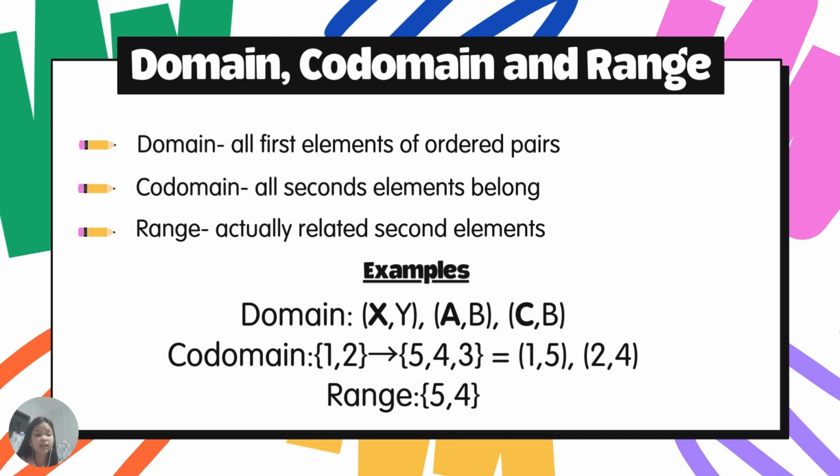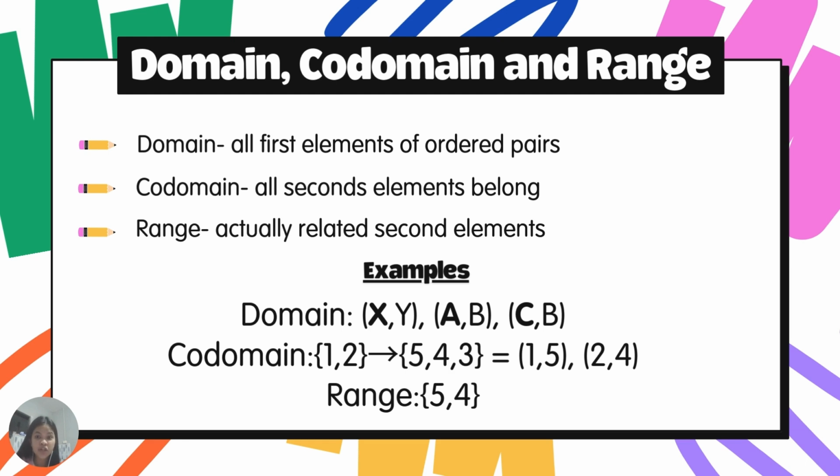Now codomain is all the second elements. All the second elements, whether or not they have a partner or an input, belong to the codomain. Now range is the actually related second elements to the first elements. Codomain can be called codomain whether you have a partner or not.